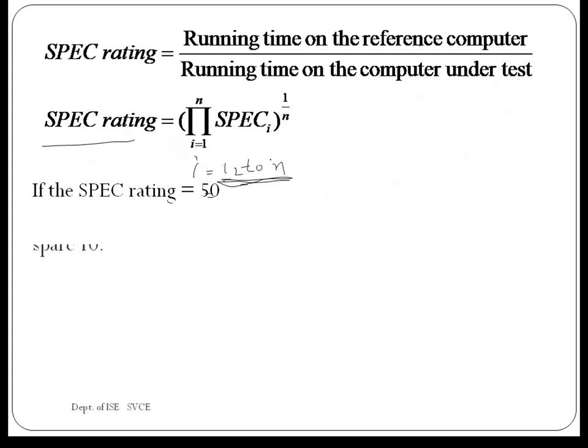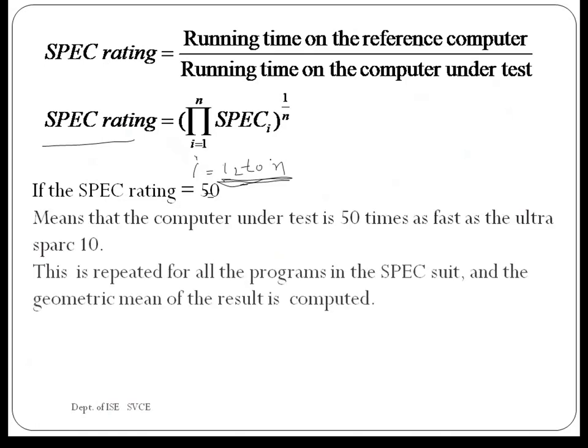That means this benchmark is already run on some reference computer, and that value is taken, and the same thing you run on the computer system that is under test. By doing this you got the value 50.